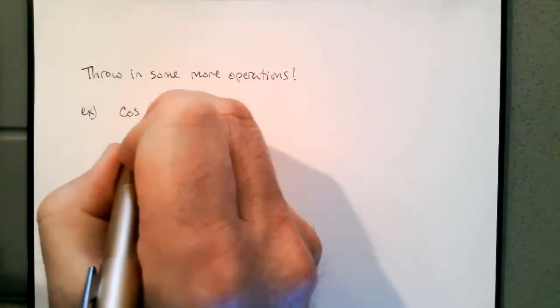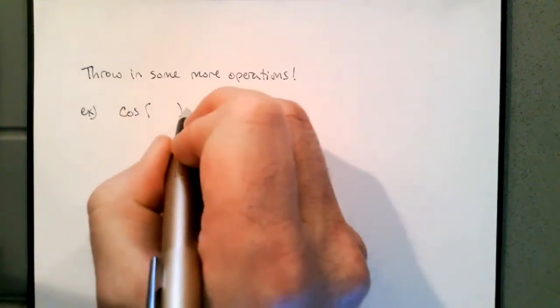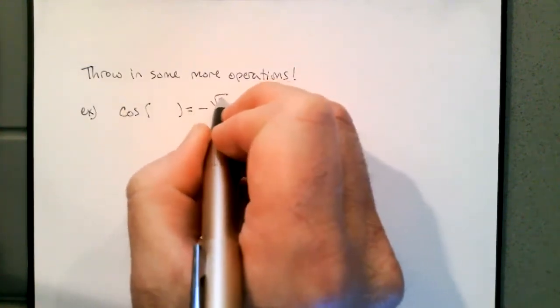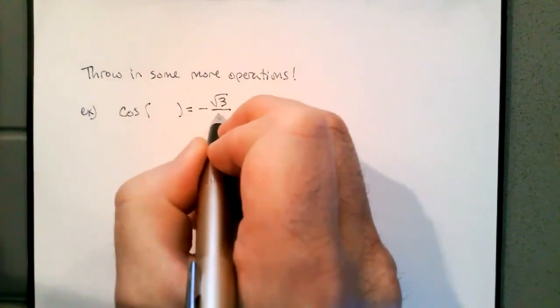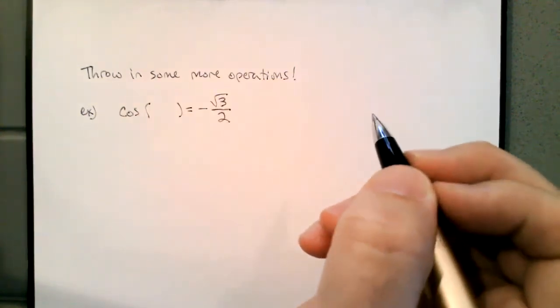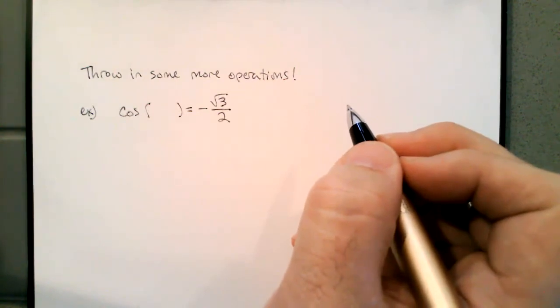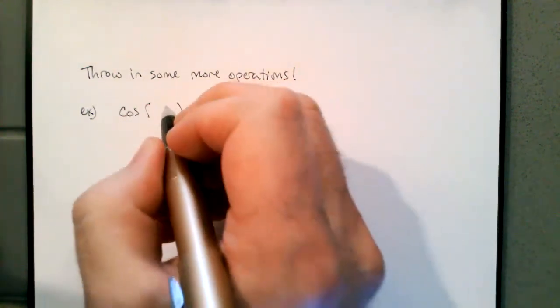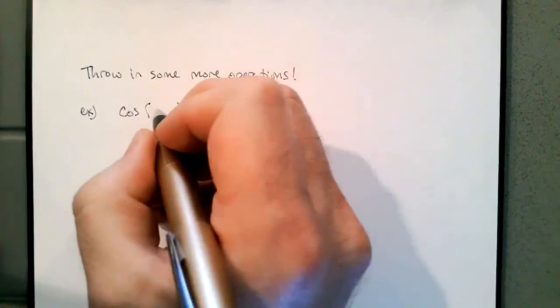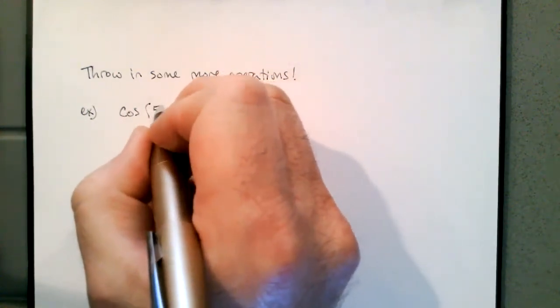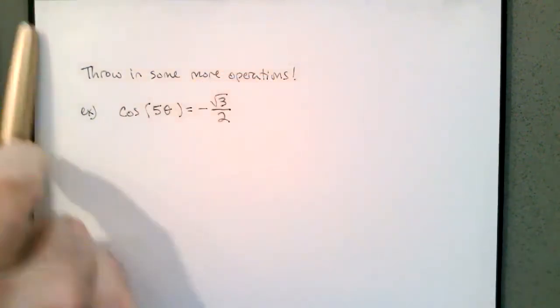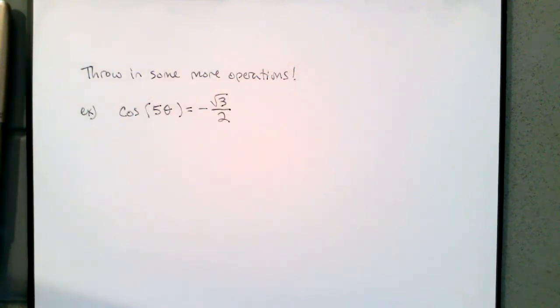Instead of cosine of theta is equal to negative root 3 over 2, I'm just going to change this to cosine of, what should I use? I'll just go with 2. 2 I already have. Let's go 5 theta. Go big. Let's suppose that the cosine of 5 theta is negative root 3 over 2.